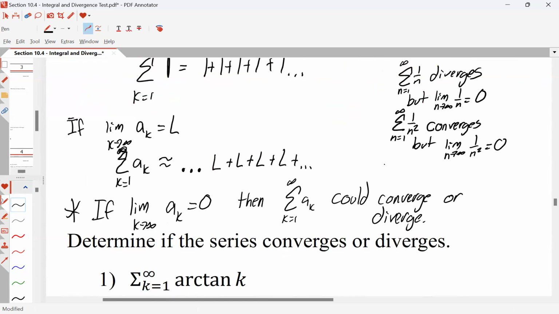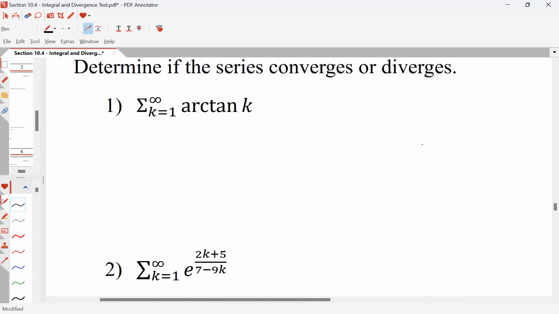So taking a look at a couple examples. The first example is if we are looking at the series k equals 1 to infinity of the arctan of k. Well, if we look at the limit as k goes to infinity of arctan of k, this limit is pi over 2.